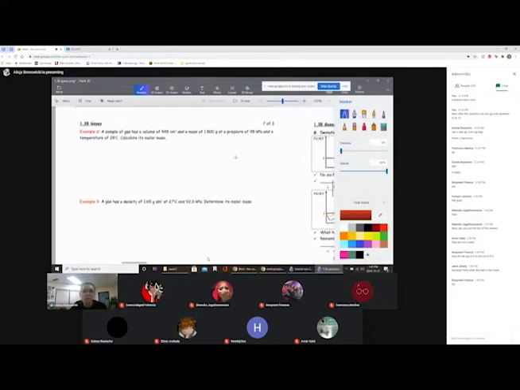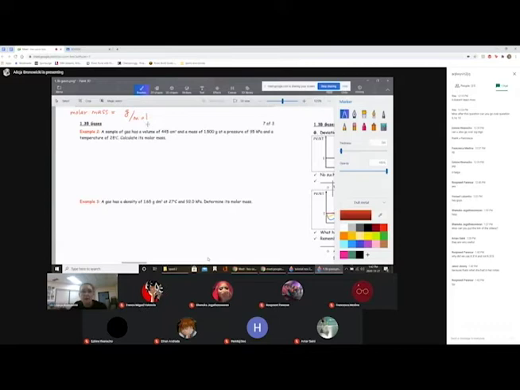Okay, so I want molar mass. So molar mass is grams per mole. So I have grams, but I need moles, right?